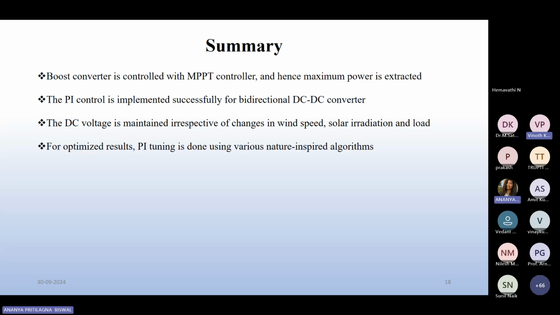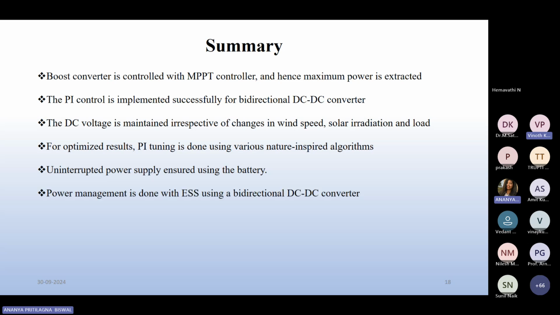For optimized results, PI tuning is done with the multiverse optimization technique. Uninterrupted power supply is also ensured using the battery, and power management with the energy storage device, that is the battery, is done using a bidirectional DC-DC converter.